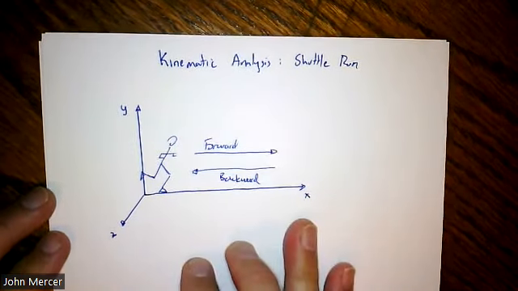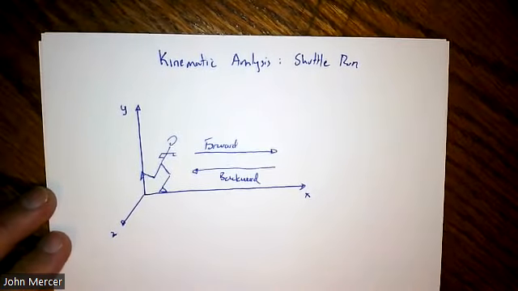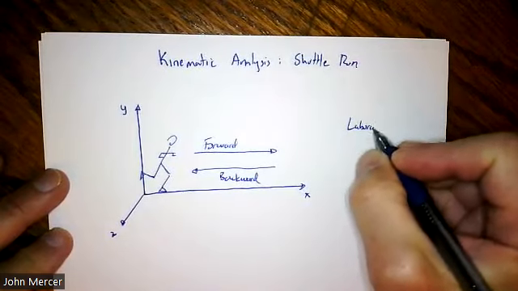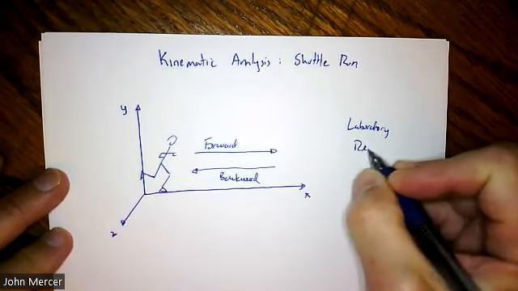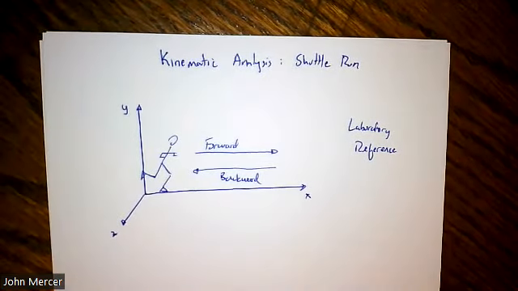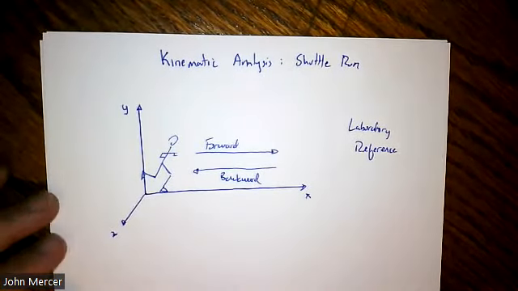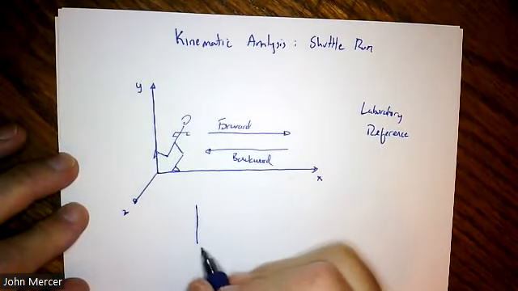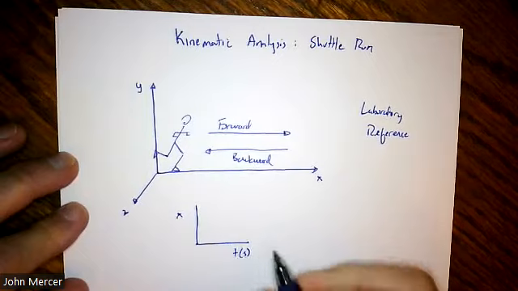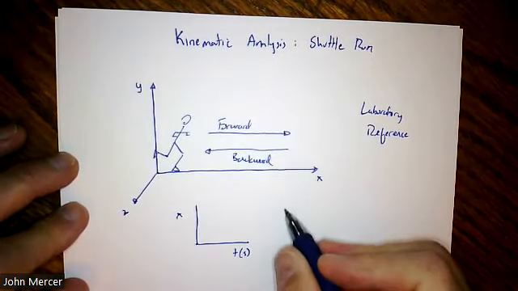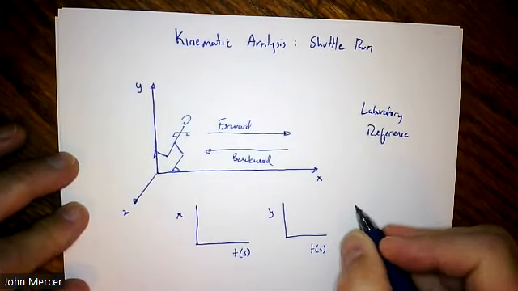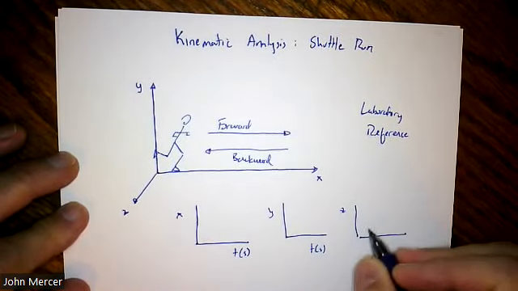All right, so when we do a kinematic analysis of a movement like this, we set up our laboratory reference frame. It does not move. And then we look at our movement, and then we decide on one dimension to analyze. And then we will take that dimension, whether it's the X, and look at how the X position is changing over time, or the Y position over time, or the Z position over time.